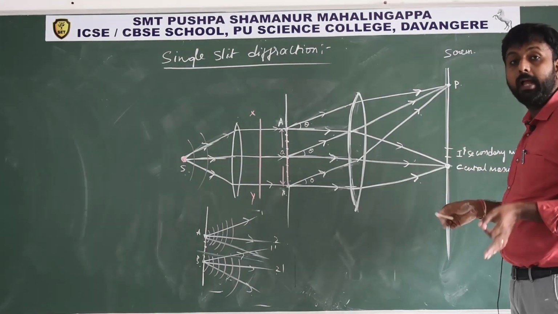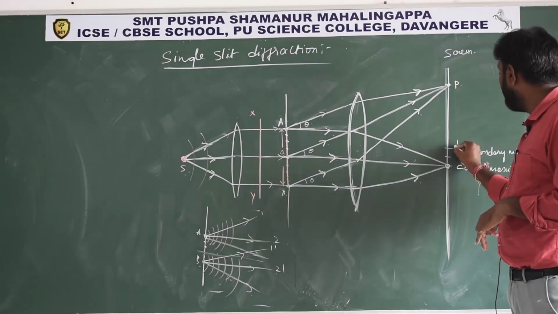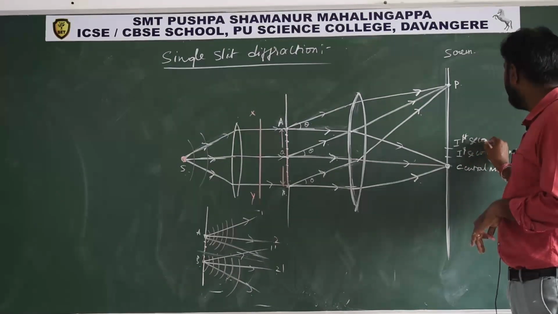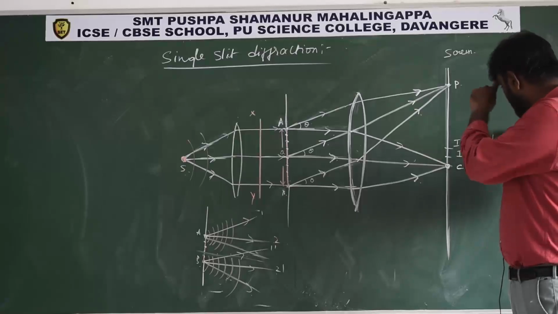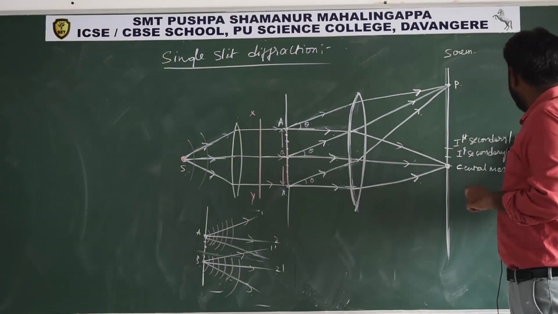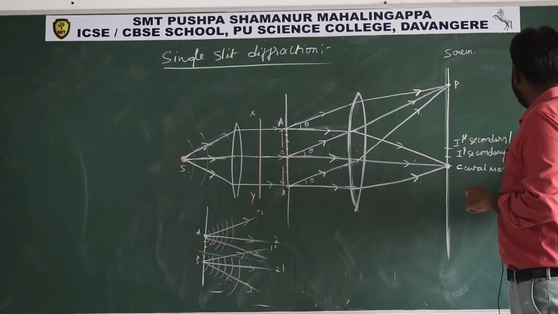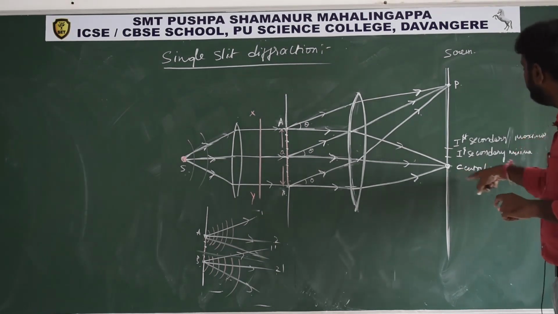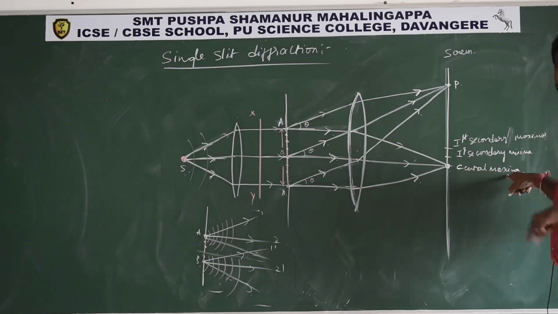After minima, again maxima. But here you have to use the sentence first secondary or subsidiary maxima. Secondary and subsidiary mean the same. Below also the same: first secondary minima.